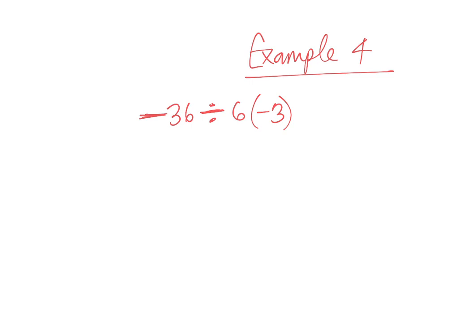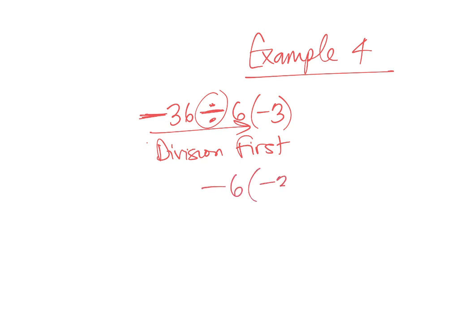So you deal with the division first, and then you can multiply. Division first, because if you're going from left to right, the division occurs first. So negative 36 divided by 6 is negative 6, and then times negative 3 would be positive 18. So we do the PEMDAS. Remember, when you get to multiplication and division, you're just going from left to right. So that is example 4.